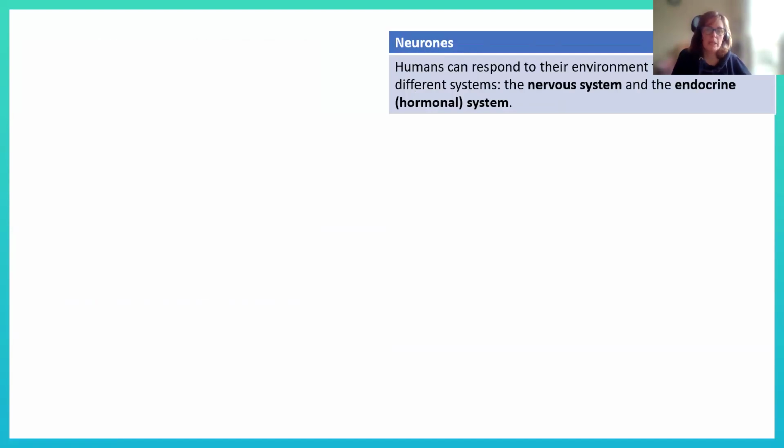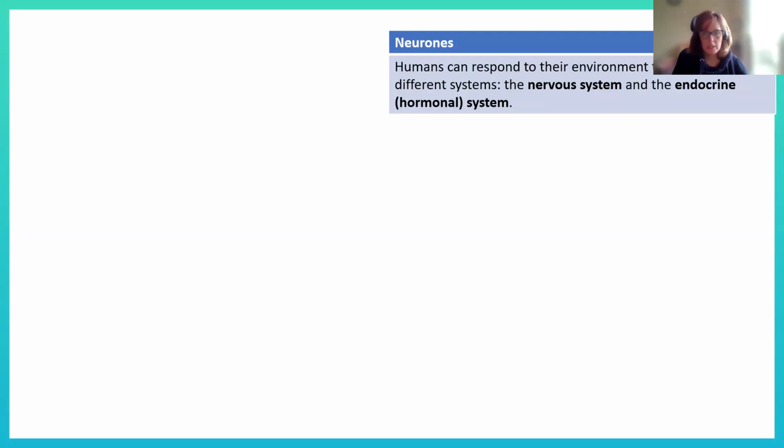Okay, so we had a little look at neurons earlier, and we are going to talk about them in terms of tissue now. As we will learn later when we do the homeostasis unit, there are 2 different systems in which humans can respond to their environment.